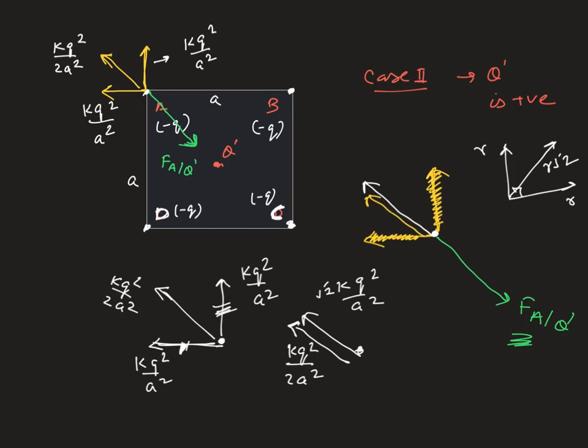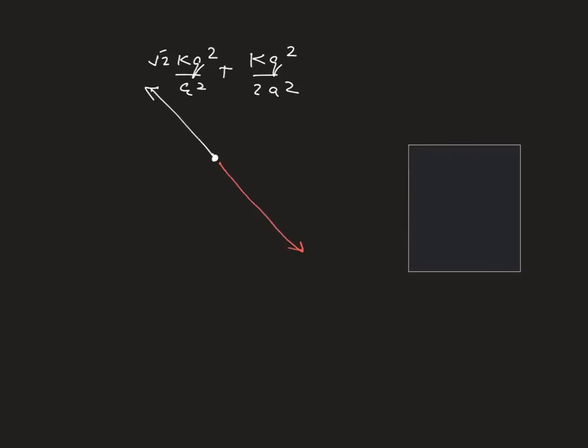So we can move on to next page. So we have two forces in this direction, root 2 kQ squared upon a squared plus kQ squared upon 2a squared, and then we have the force due to Q dash in this direction, and the force due to Q dash will be what?